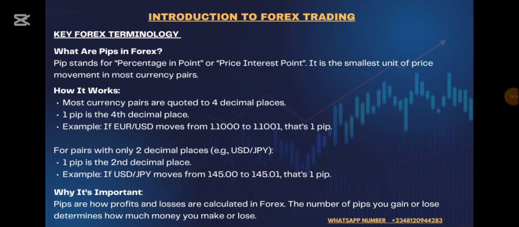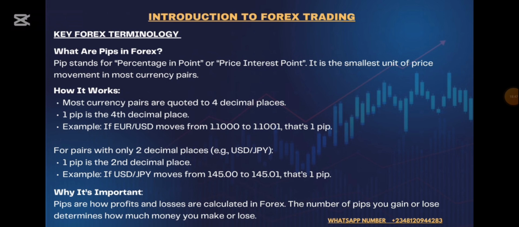For example, if Euro USD moves from 1.1000 to 1.1001, that change is known as 1 pip. We are calculating the price change in Euro USD. Remember I said every currency pair you're buying has a particular price at which you're buying it or selling it. You get? So now we calculate that price using pips.